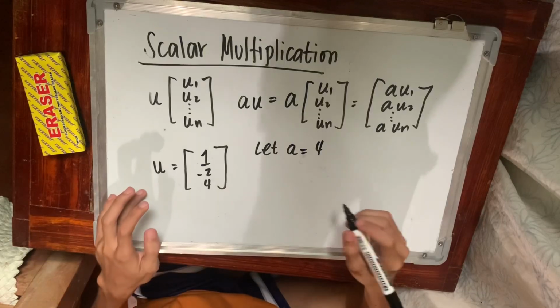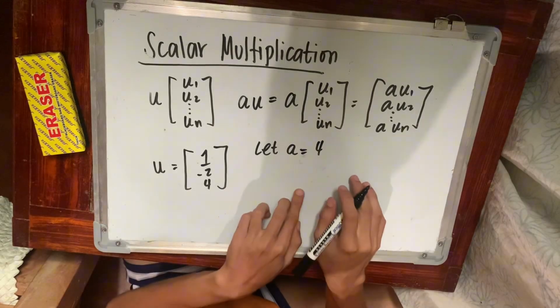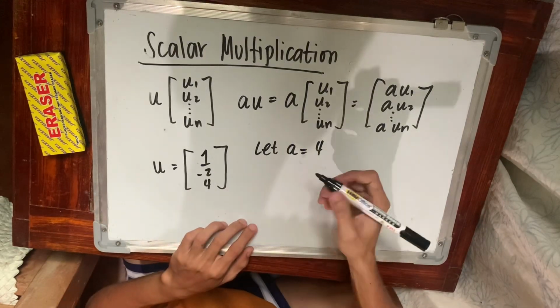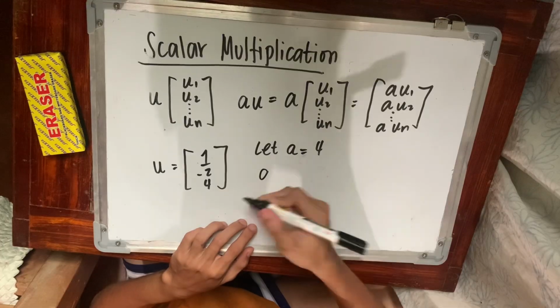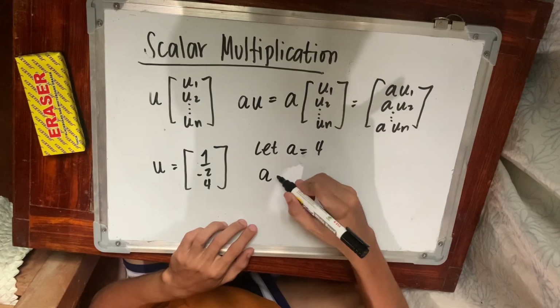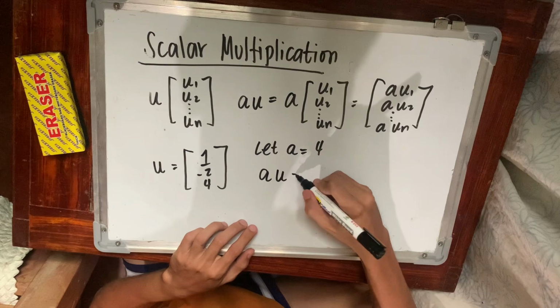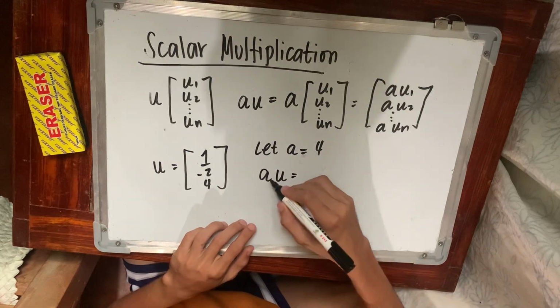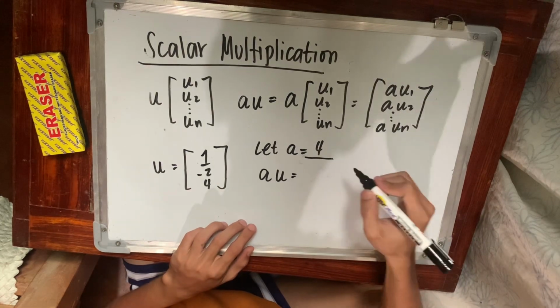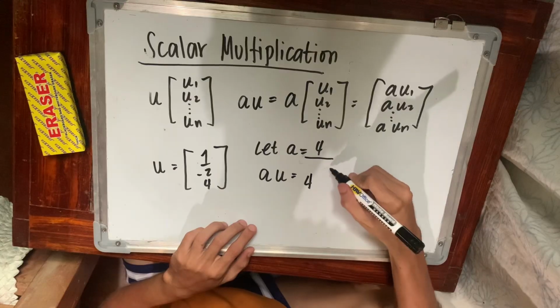So if we multiply a scalar, it's just like this. I mean a times the vector u is equal to, what is our a? It is 4.